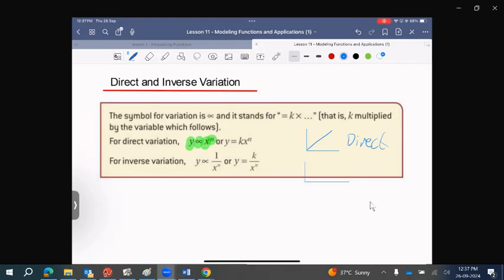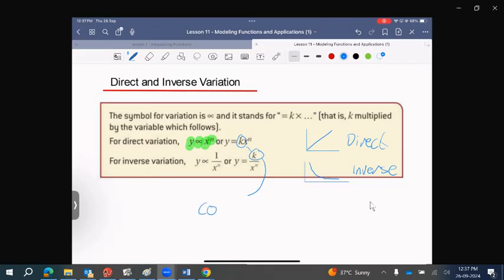Inverse variation is going to look like this. As x increases, y decreases. And that's why it looks like a rational function or a reciprocal function. And you still need this constant of proportionality. What does K stand for?